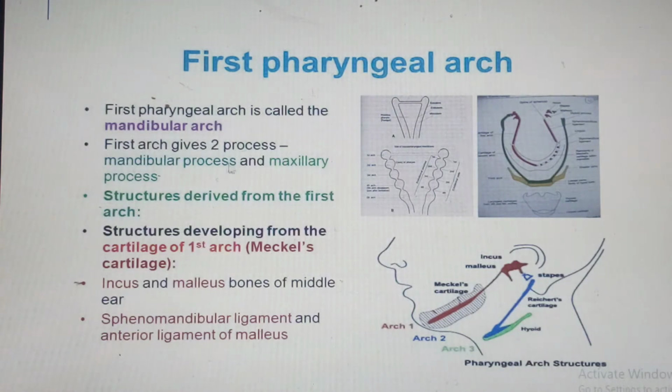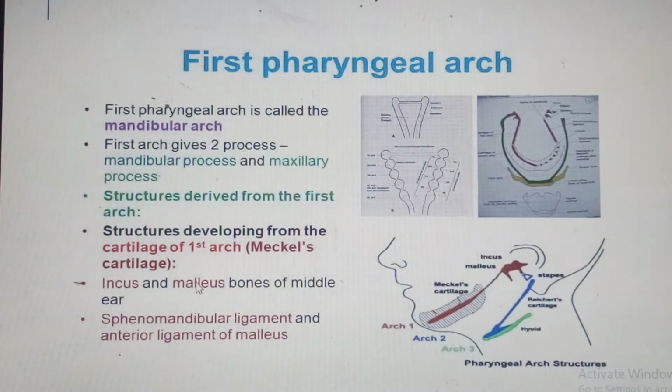So it means that this first pharyngeal arch will give rise directly to these processes: the mandibular process to form the mandible, and the maxillary process to form the maxilla, which will give rise to the zygomatic bone, as well as the squamous portion of the temporal bone. So please get to know that. However, through endochondral ossification of the Meckel's cartilage, we get the incus and malleus.